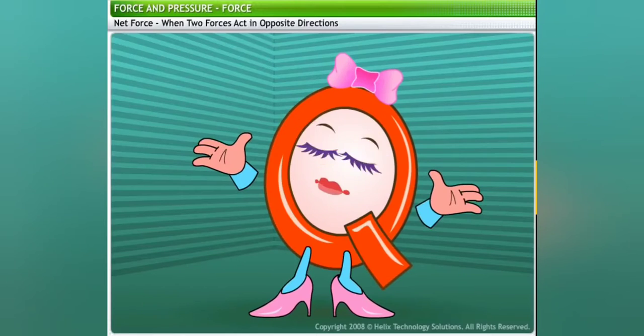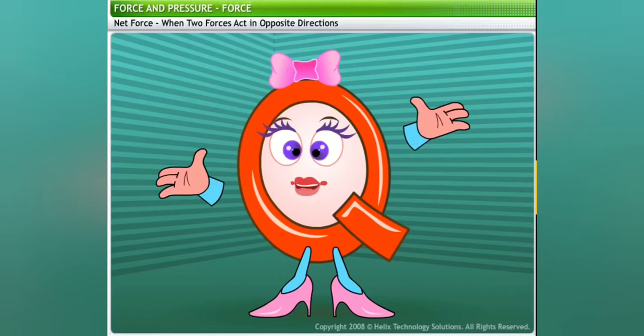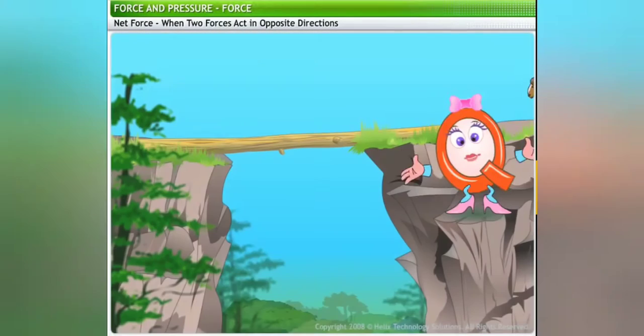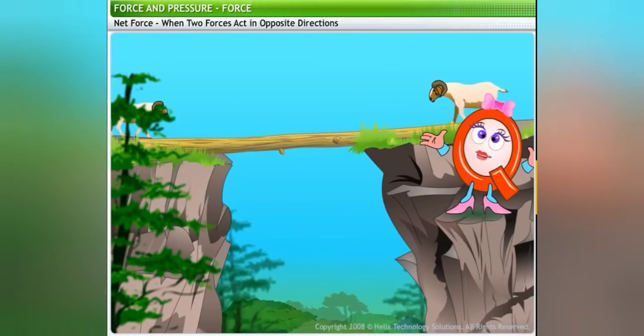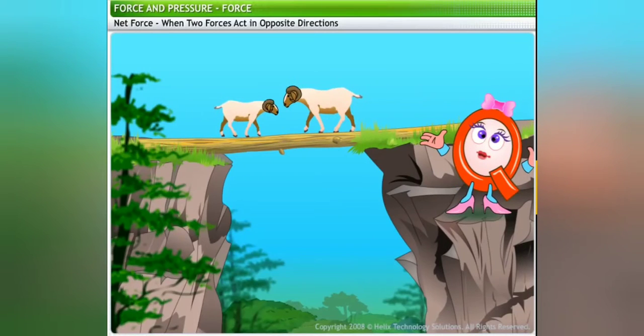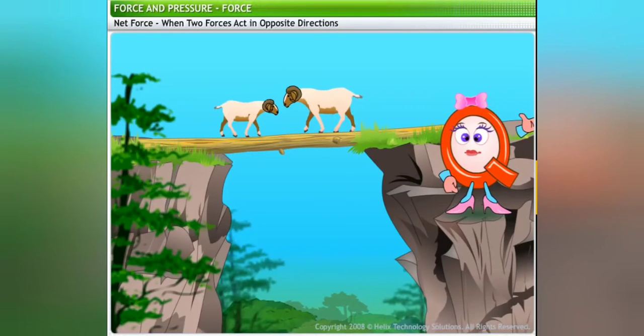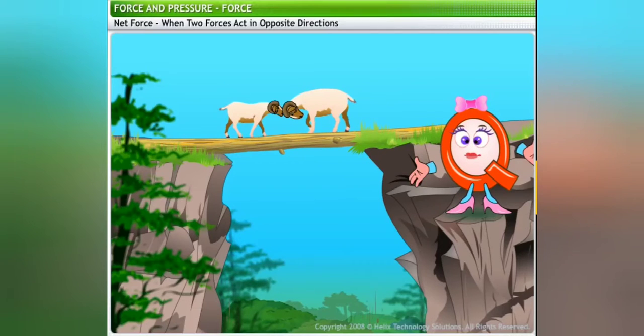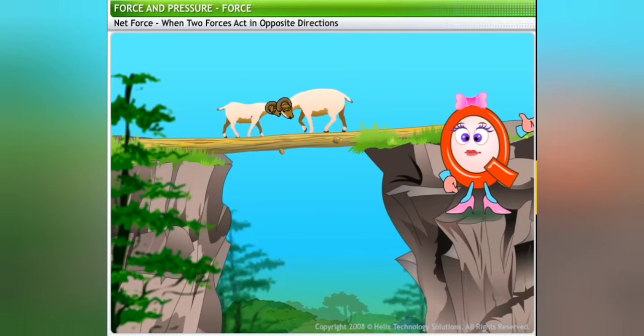Conversely, the net force can reduce when two forces act in opposite directions. Do you remember the story of the two goats crossing a narrow bridge in opposite directions? Neither of them wanted to go back and give way to the other. They pushed at each other and were initially stuck in one spot.